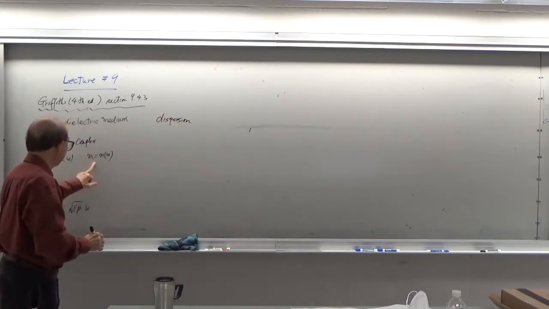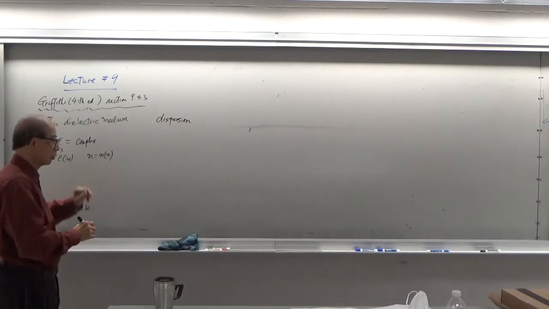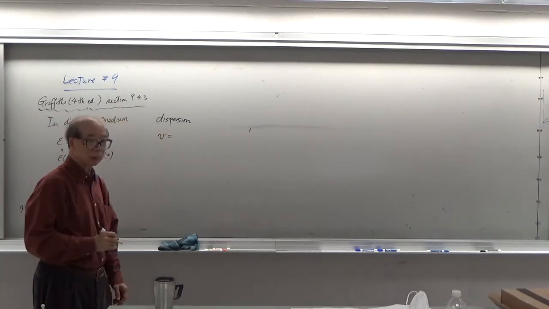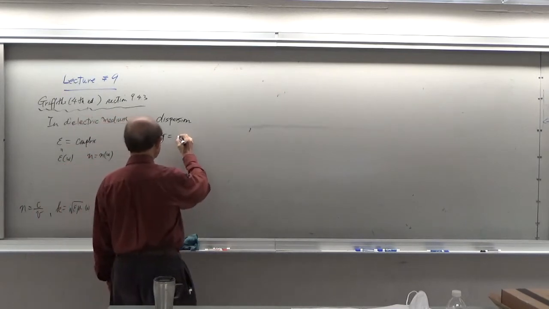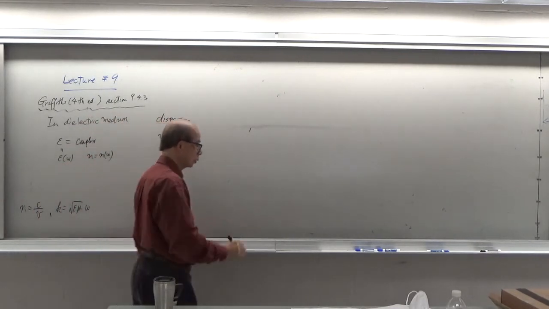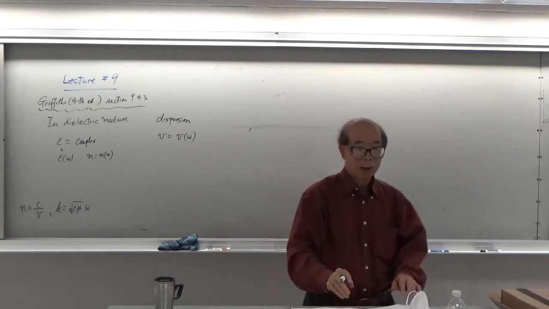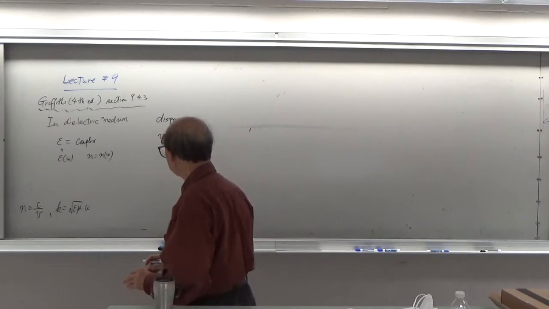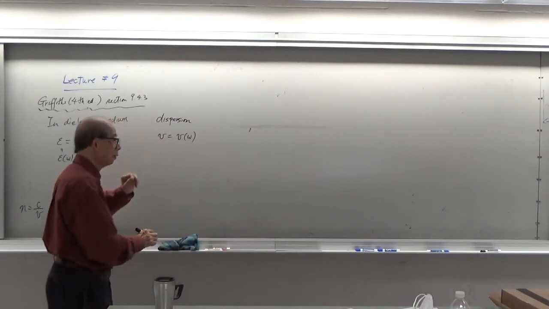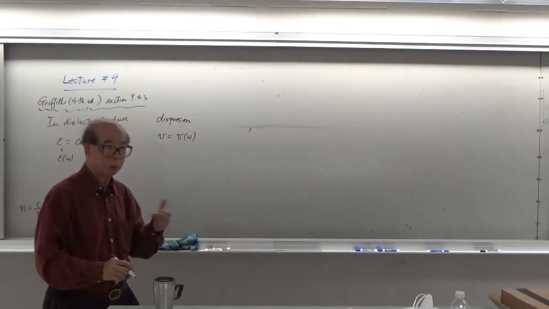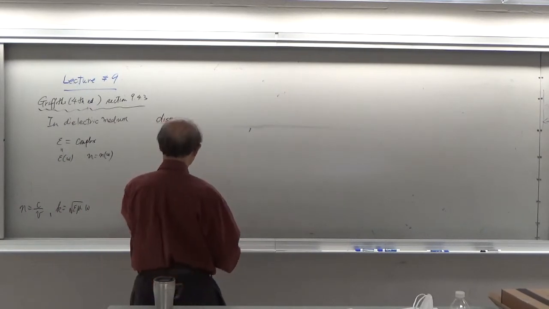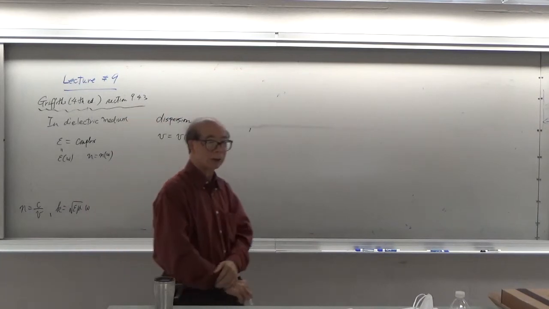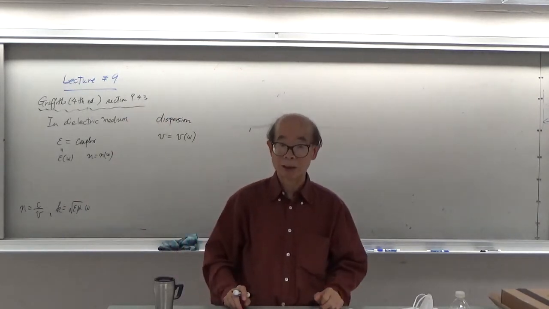If the index of refraction n depends on omega, then obviously the speed of propagation v also depends upon omega. By extension, nowadays people say that whenever you have a medium which supports propagation of a wave whose speed depends upon frequency, we say that medium is dispersive.